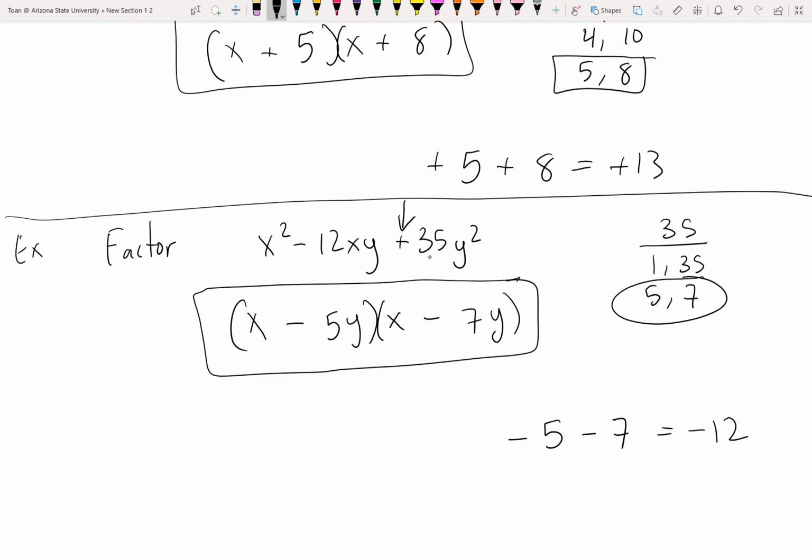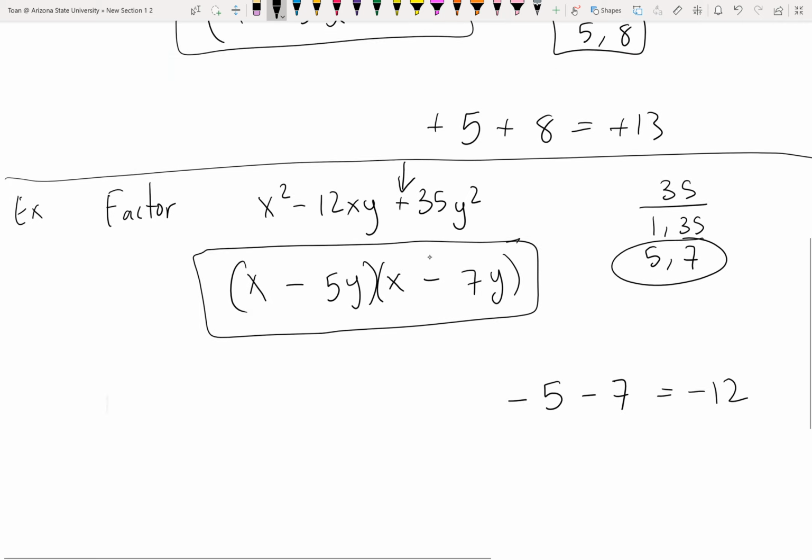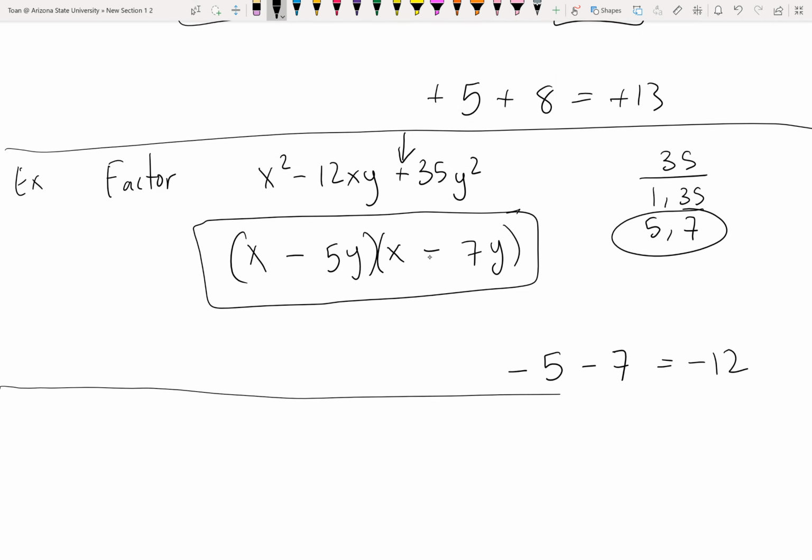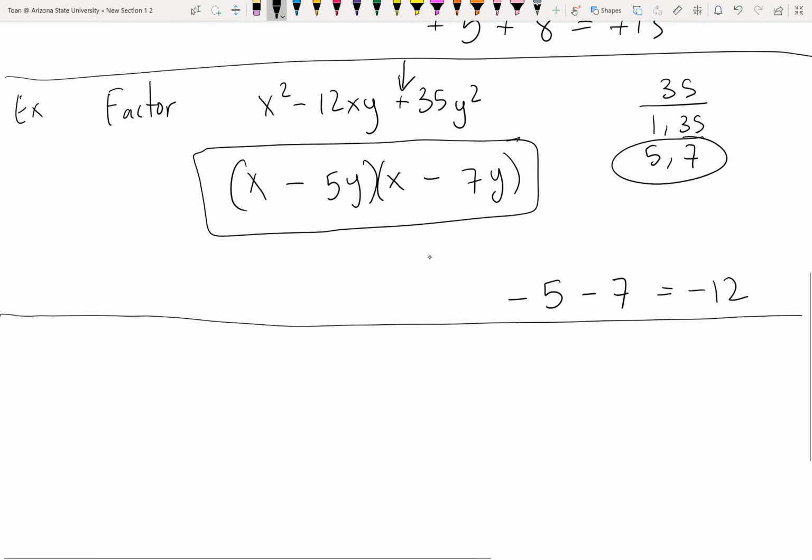So it may seem scary when you have multiple variables, but if you recognize it's the same quadratic pattern, it factors using the same logic. Let's just do one last example of these multivariable ones, and then hopefully you guys get the idea. So let's go ahead and factor, what would be a good one here?